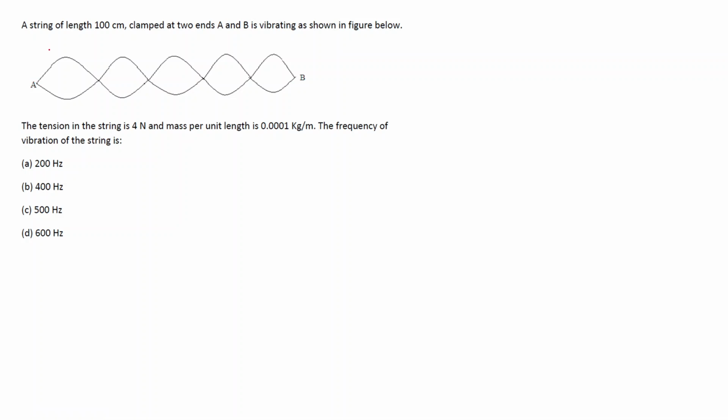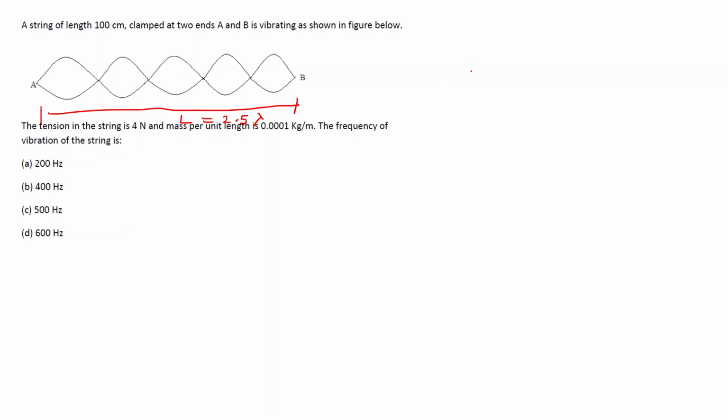So these ends A and B have been clamped, and the total length of the string is this capital L. And how many wavelengths do you see here? This is one wavelength, right? This is second wavelength, and this is half. That means this total length is actually 2.5 wavelength, that means 2.5 lambda.